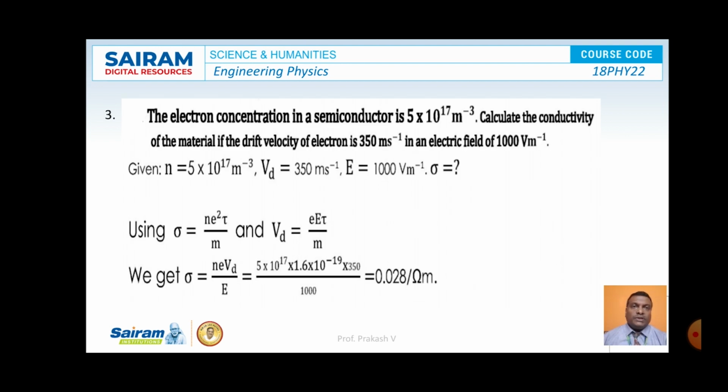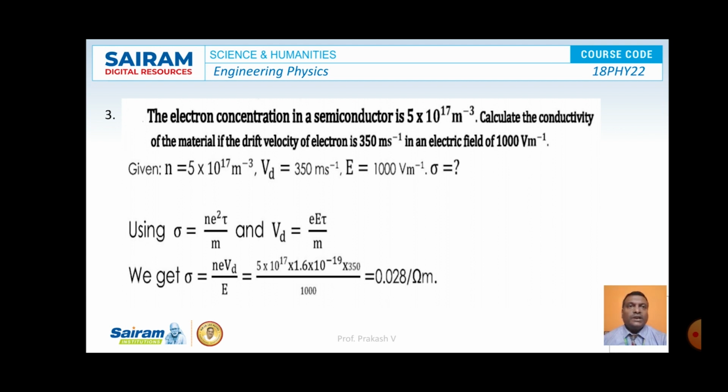The third problem is: the electron concentration in a semiconductor is 5 into 10 to the power of 17 per meter cube. Calculate the conductivity of the material if the drift velocity of electron is 350 meter per second in an electric field of 1000 volt per meter.